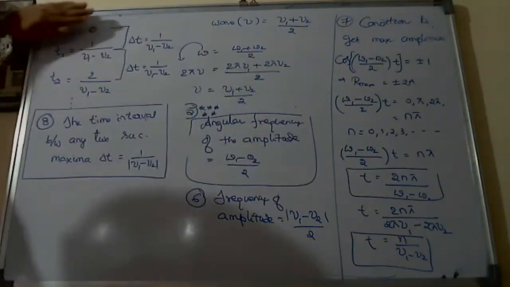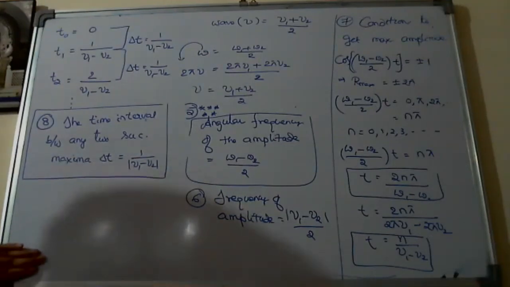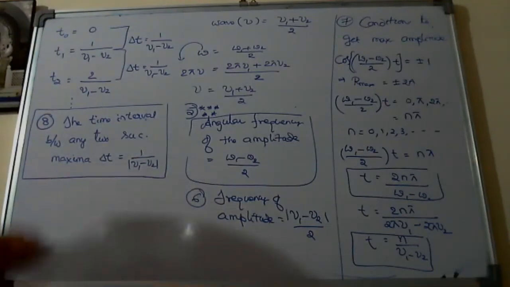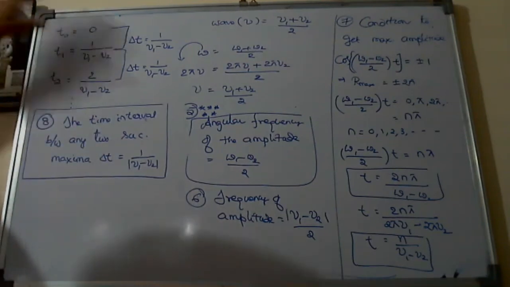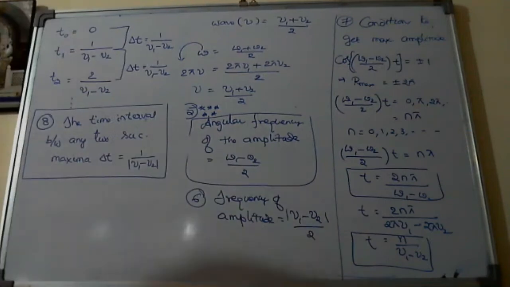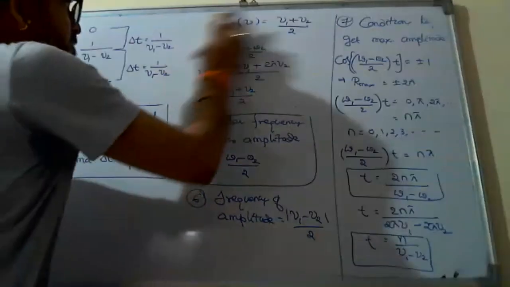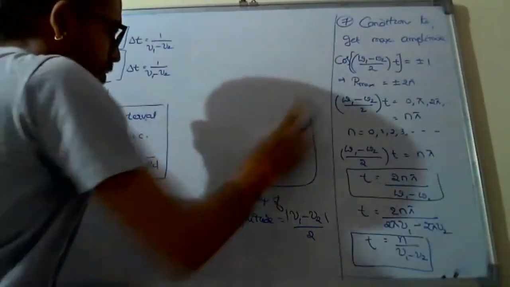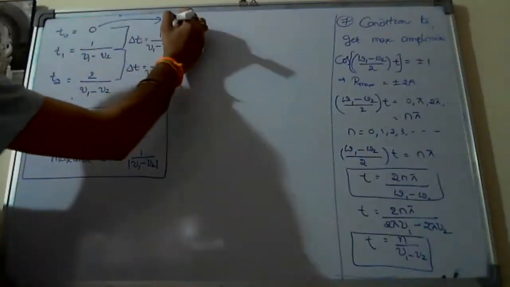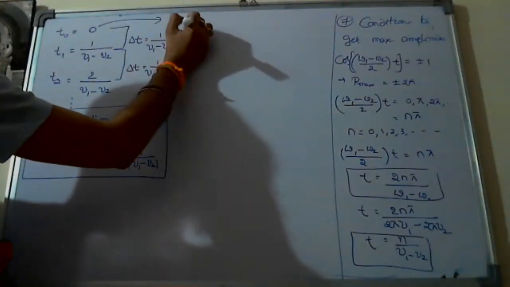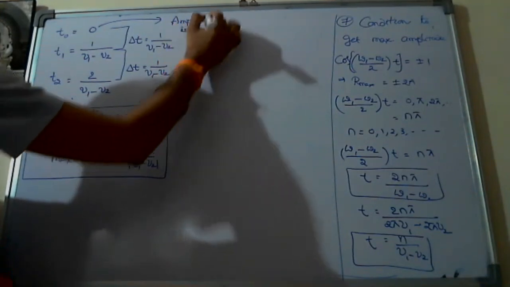So if I want to draw a graph, at t equals 0, that is at the origin, the amplitude should be maximum.